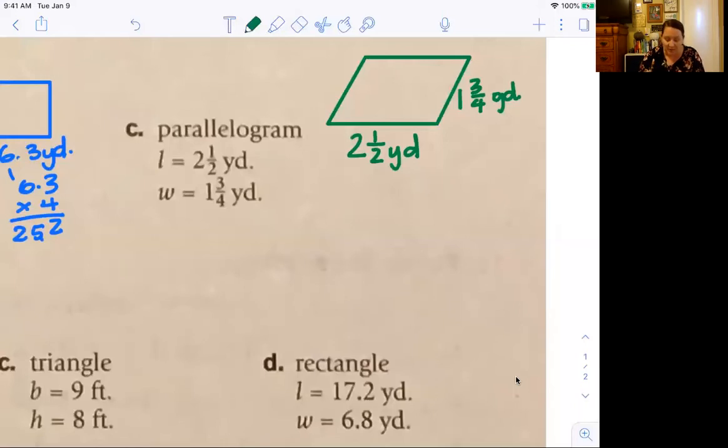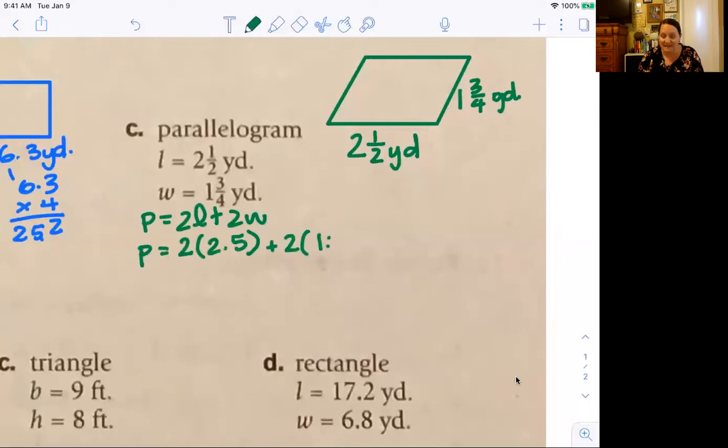So we use the same formula. Perimeter equals 2L plus 2W. Perimeter equals 2 times, I'm going to change to decimals, 2.5, plus 2 times 1 3/4, which is 1.75. Good, and then we're going to multiply.